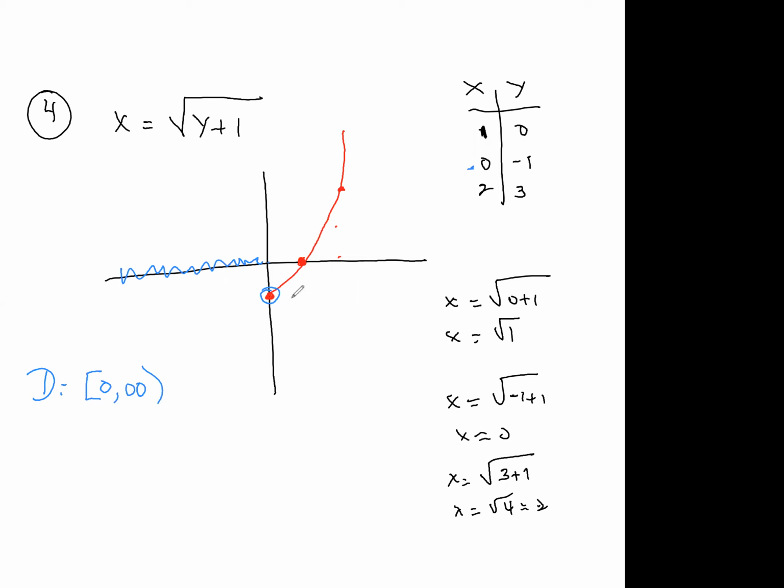They go in this direction. What is the range? What is the value for y at this point? The value for y at this point will be -1. The range is -1 to plus infinity. Now you already know the domain and the range.